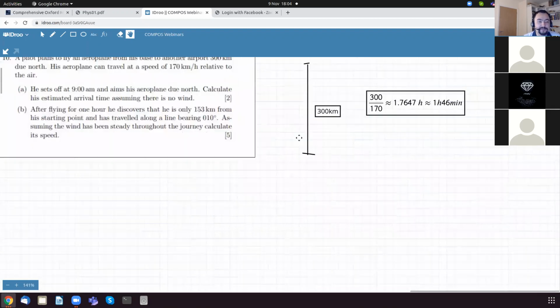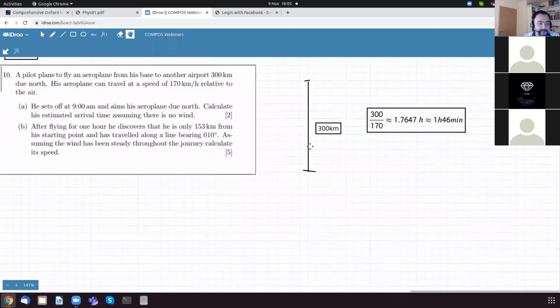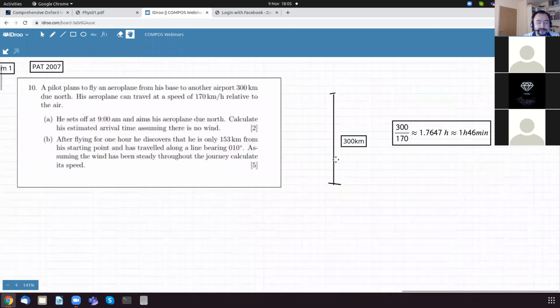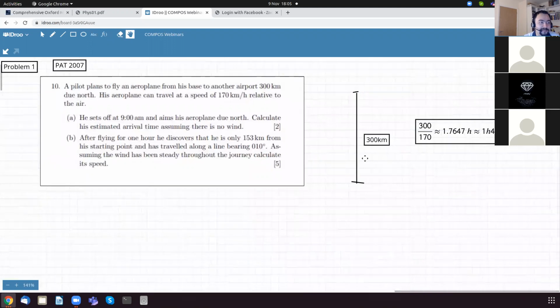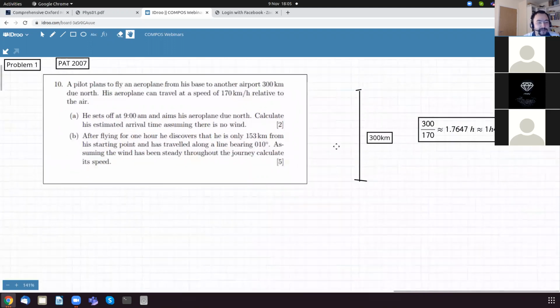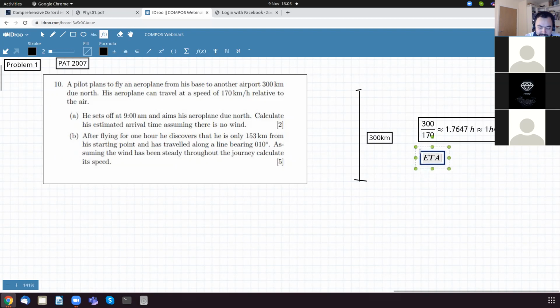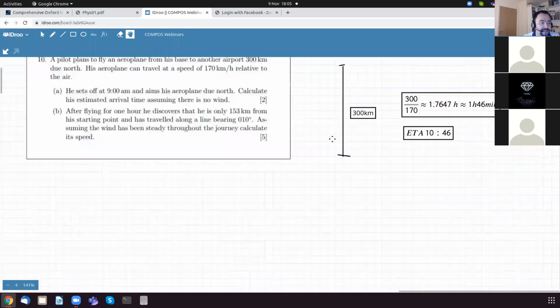So you just try to put yourself in a real situation, like what would you say, for example, as a pilot to the ground control. So you would say the estimated time of arrival, therefore, because he takes off at 9, his ETA is 10:46. So very straightforward problem just to get you fired up, basically.